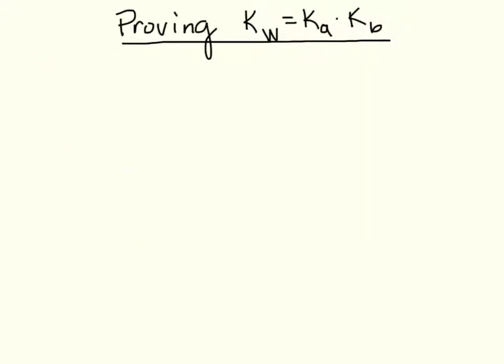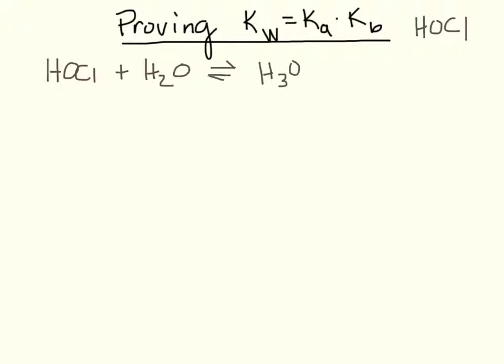In the 2009 problem, we are focusing on a molecule. We're focusing on HOCl. Now sometimes if HOCl is on the left side of the equation and it reacts with water, it will behave like a weak acid, producing hydronium and OCl minus.